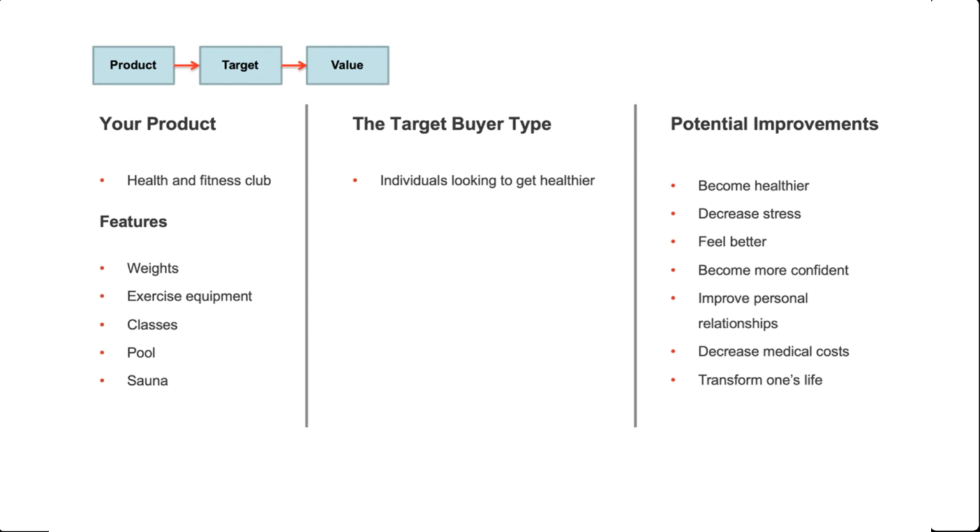So if our buyer is someone looking to get healthier, so this might be someone that's overweight or doesn't work out regularly and they're not healthy, then some improvements that they can realize is we might help them to become healthier, decrease stress, feel better, become more confident, improve personal relationships, decrease medical costs, transform their life. So really powerful stuff there.